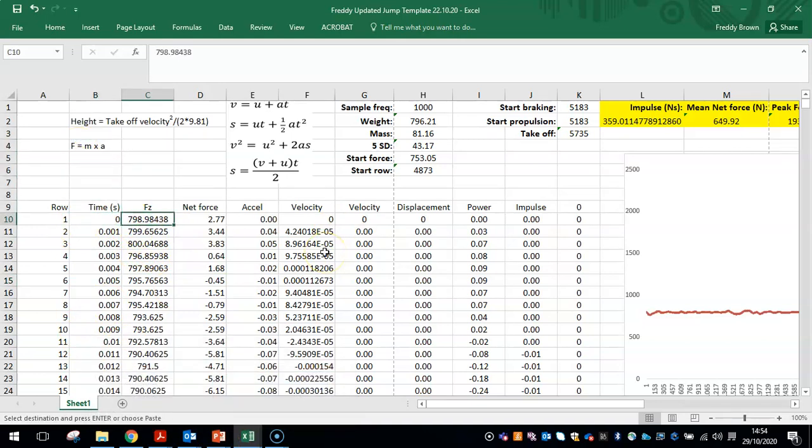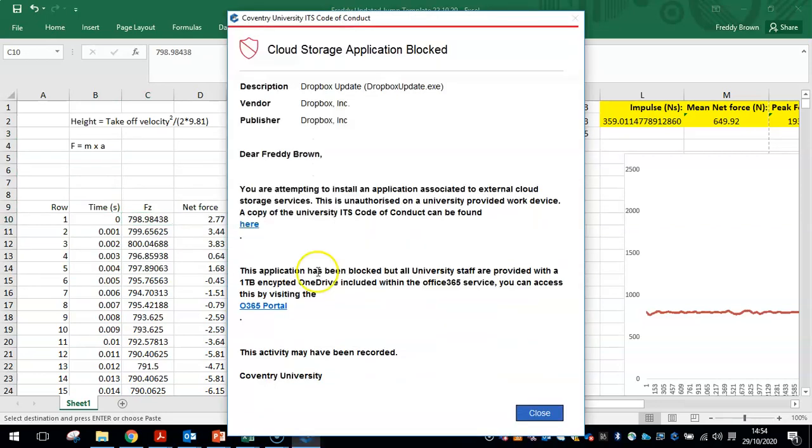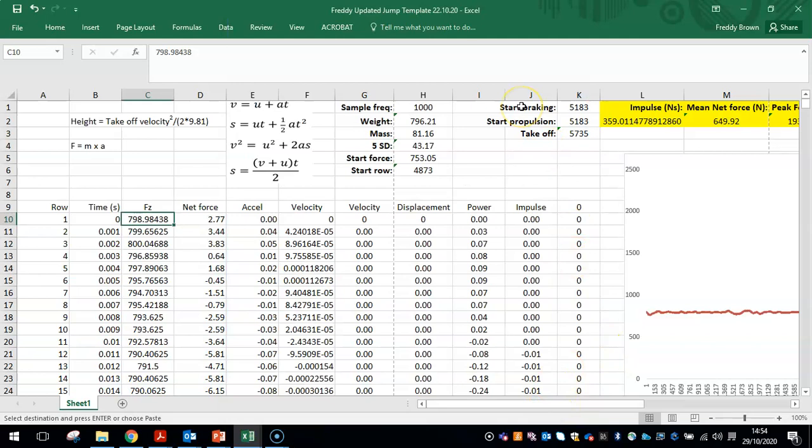The force on the force plate is the force kicking back against the athlete's leg muscles when they are contracting to jump, but also the force that simply comes from their body mass being pulled down by gravity at 9.81 meters per second squared.